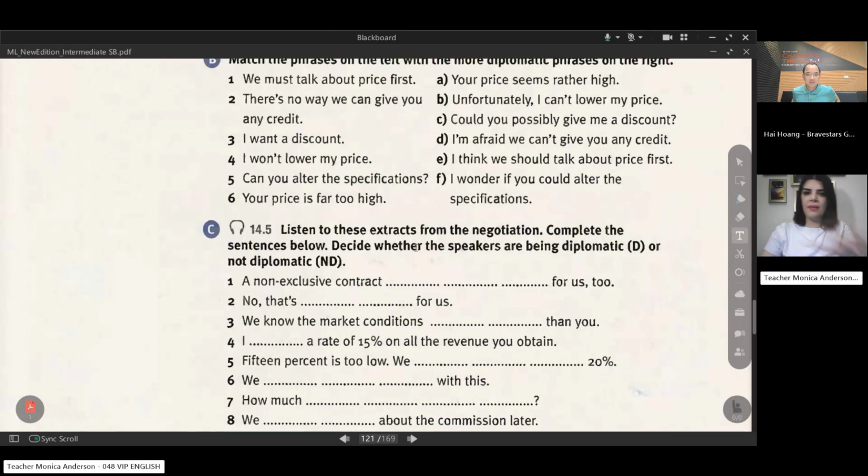Let me say something about this. Actually, we have indirect questions. I'm not sure if we talked about them. Like, for example, I say, where is the bank? You say, what is that? How are you asking me this question when you don't know? Could you please tell me where the bank is? This is diplomatic, like indirect question. So I'm asking something in a polite way.